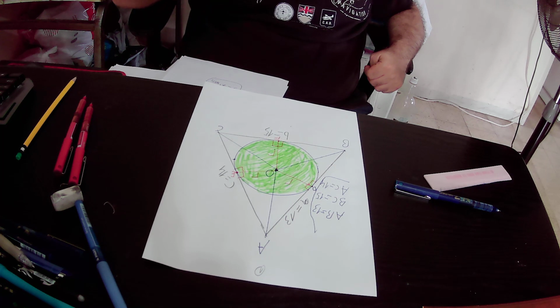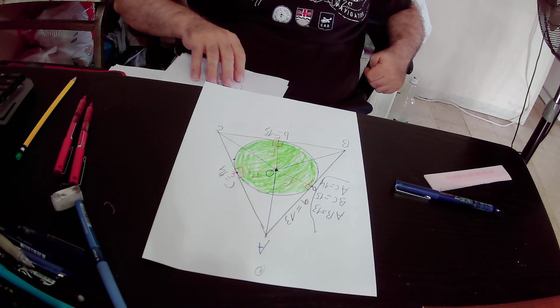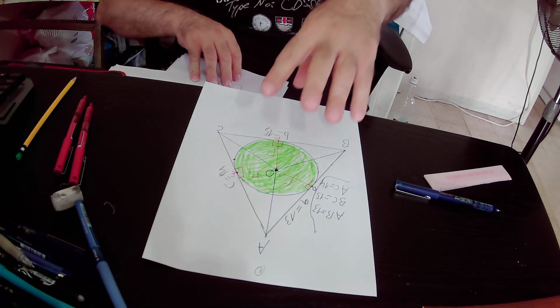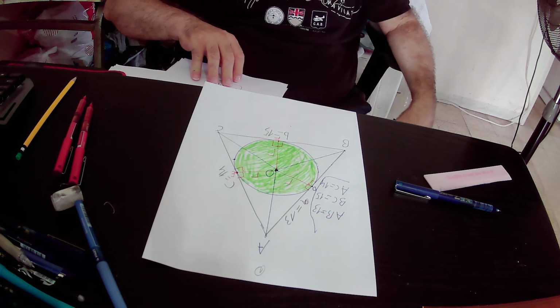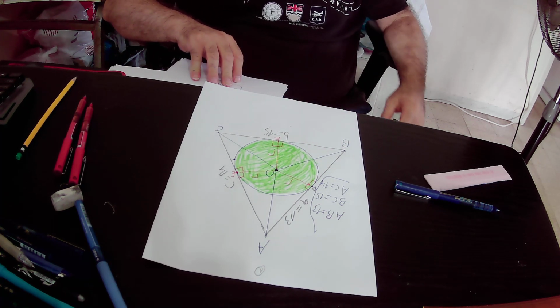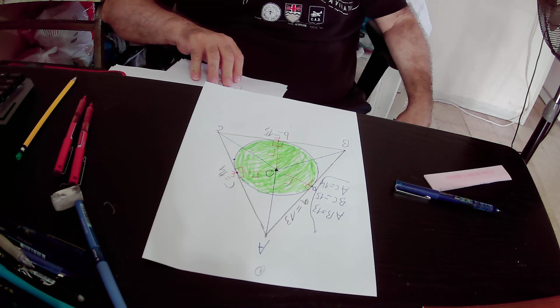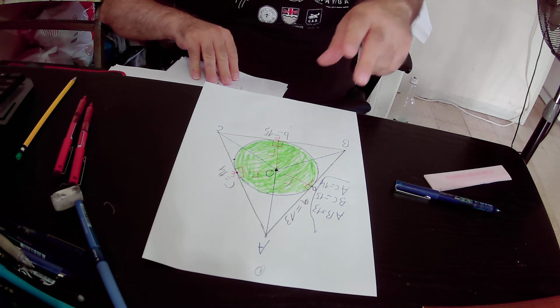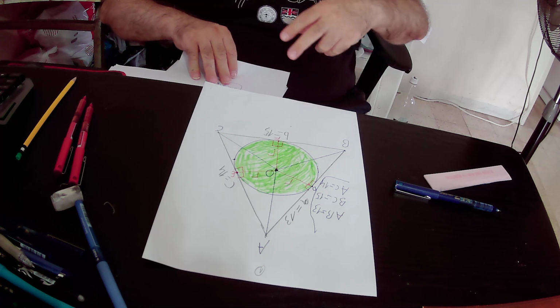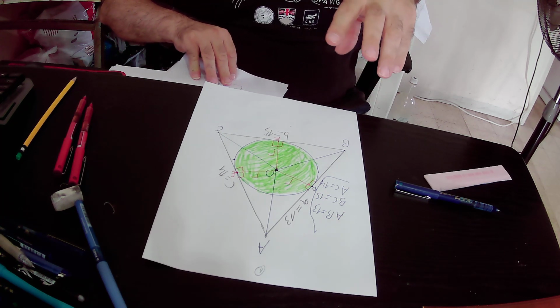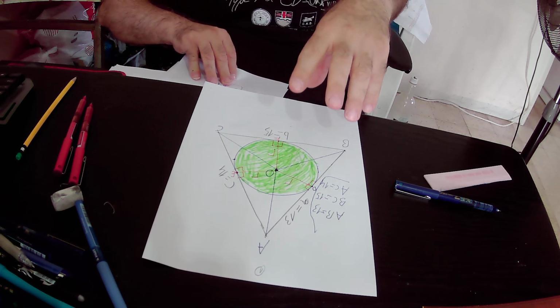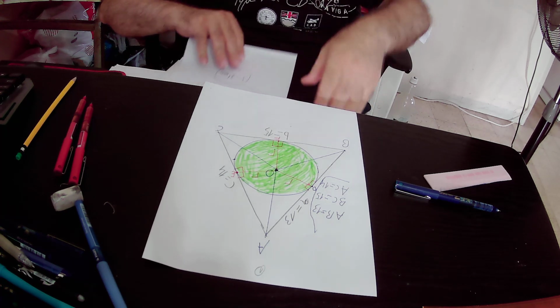Okay, so in the first method, we found the area of triangle ABC according to the formula that the semi-perimeter of any triangle equals the sum of the three sides of the triangle over 2.